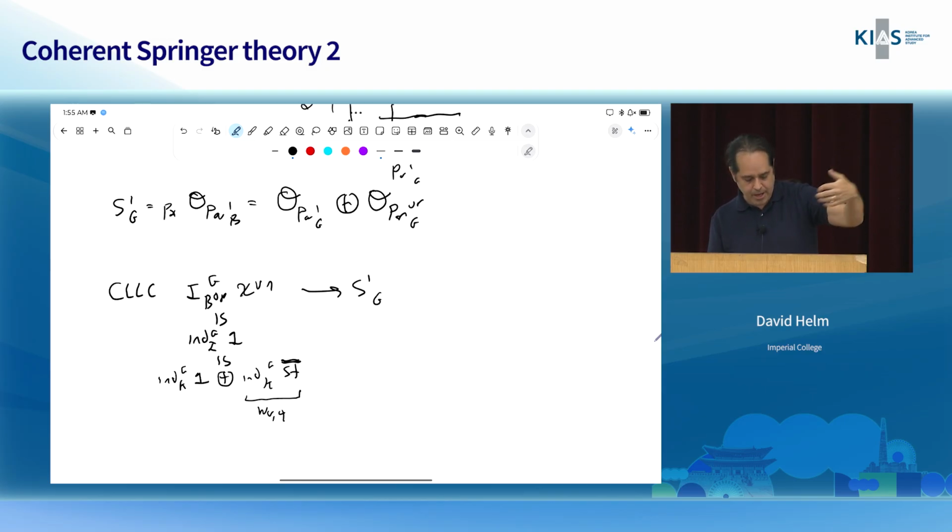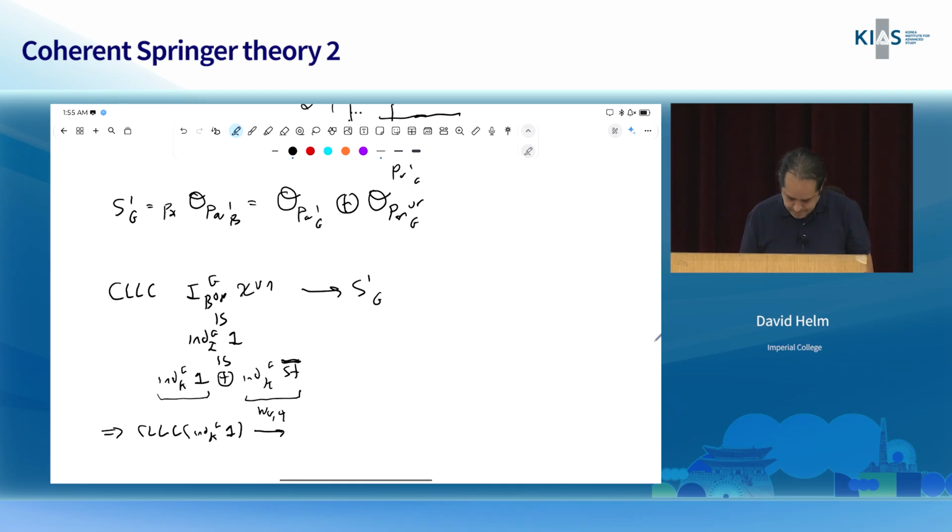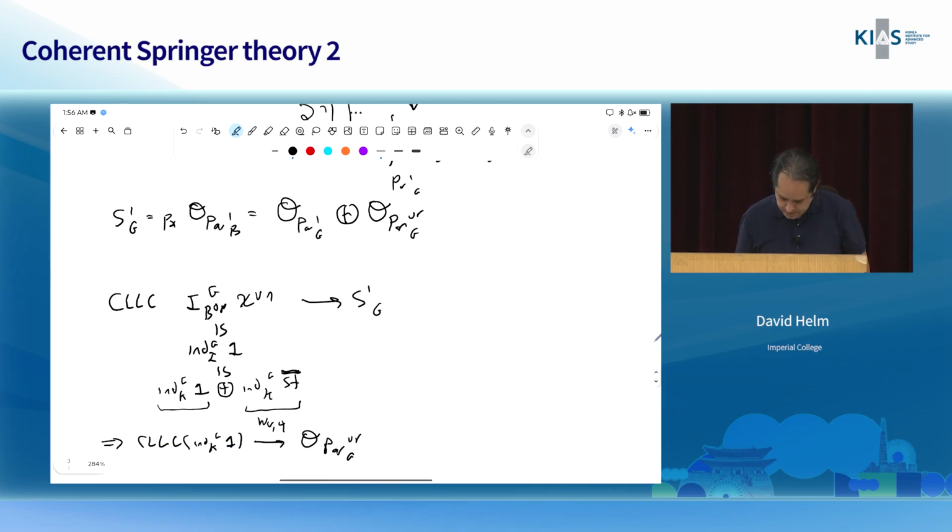And so by splitting that off, what we see is that the other summand, this spherical module in KG1, maps to the structure sheaf of the unramified component. So this implies that CLLC of ind_K^G 1 goes to O of Par G unramified.